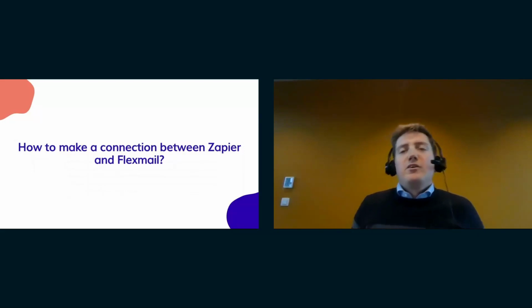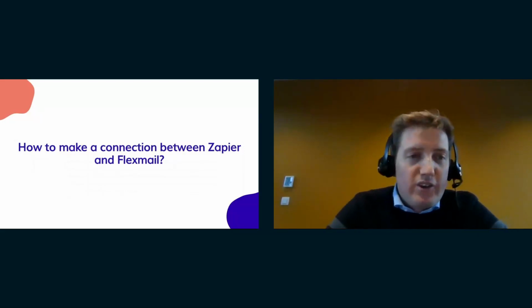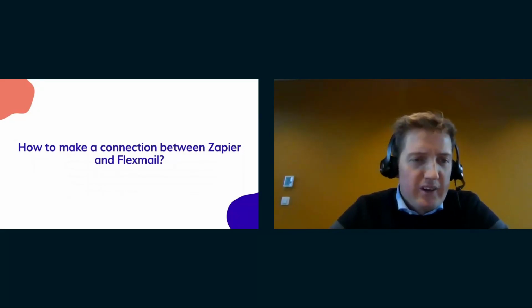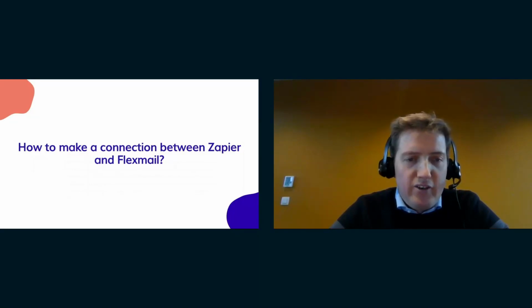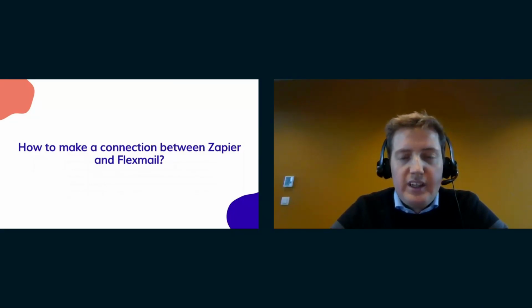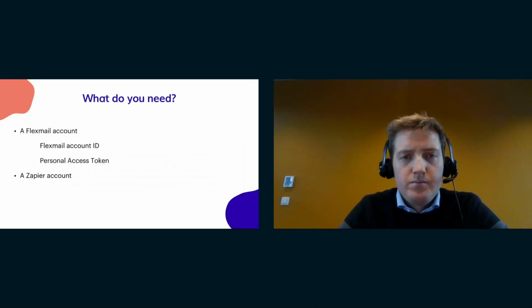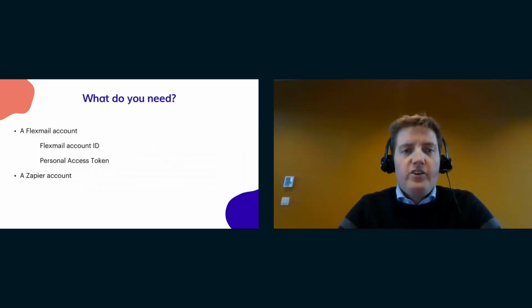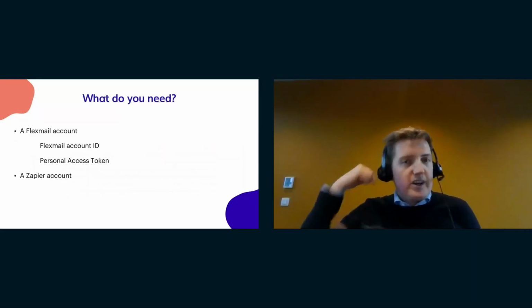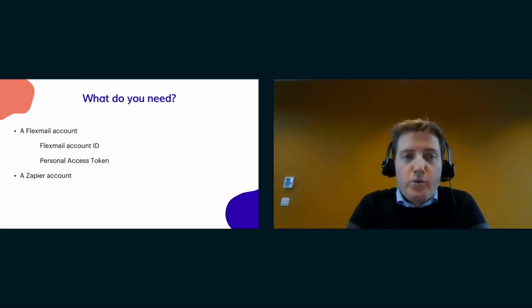So now that we know which words are used and what everything is in Zapier, it's time to make a connection between Zapier and Flexmail. I'm going to explain step by step in the following slides how you can make this connection. So what do you need? Of course, you will need a Flexmail account, because we're going to work with Flexmail.